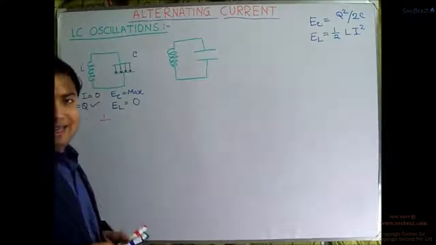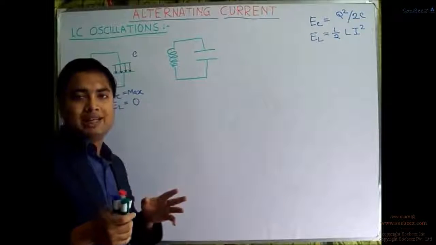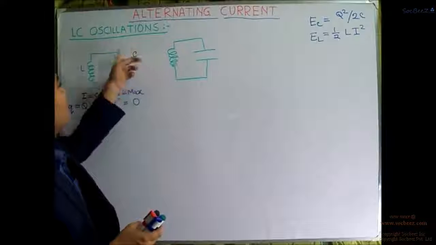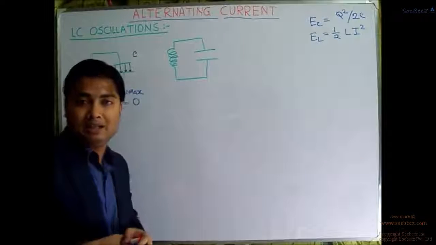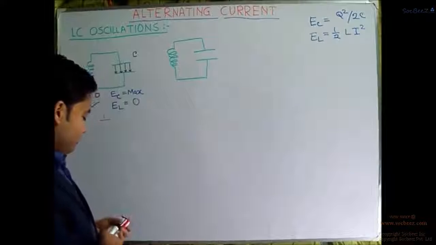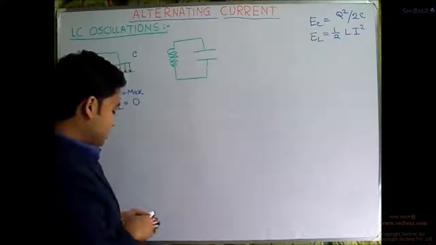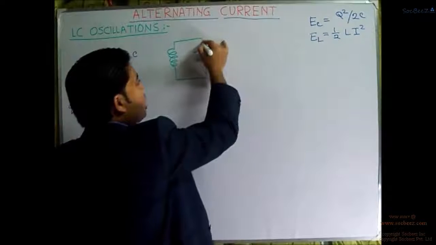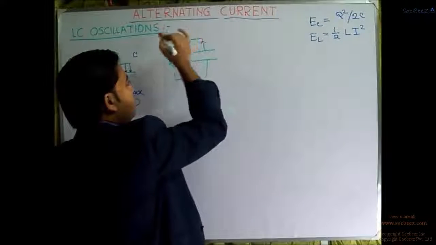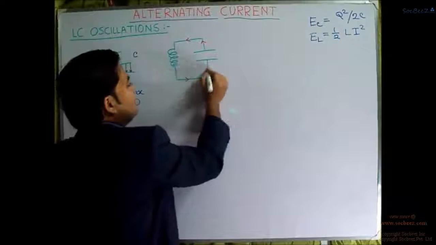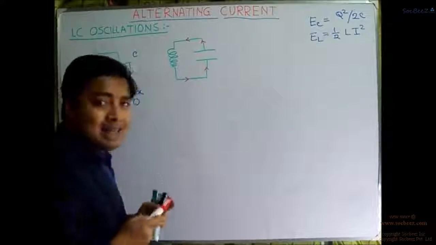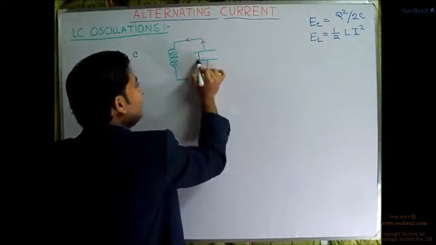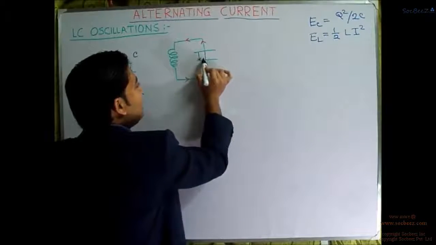If the arrow was like this, we know from electrostatics, when we studied capacitance, that the current I will start to flow in this direction. And as such, the Q which is present over here will decrease.